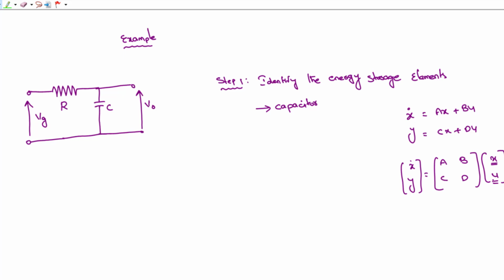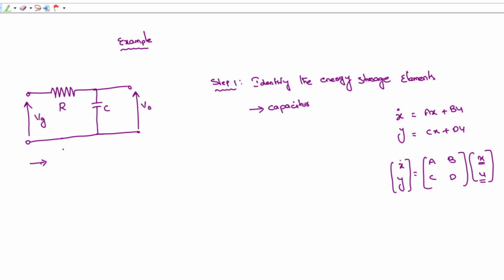So here, according to our equation, u refers to Vg. And y is the output, so y is V0.